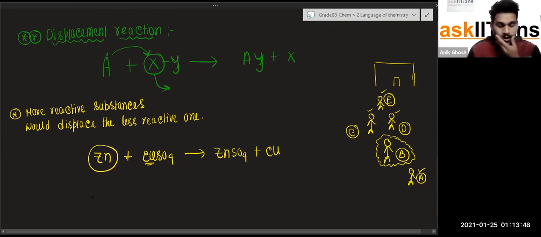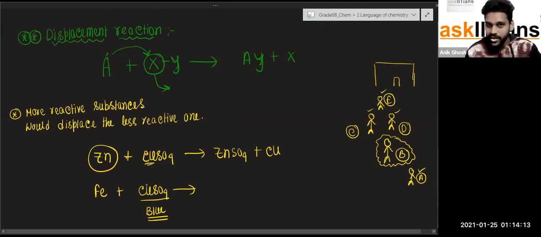Now, if someone asks you, what would happen if I place an iron nail? Look into it, okay? What would happen if I place an iron nail into a copper sulfate solution? So let me tell you, a copper sulfate solution is blue in color. Okay. So what would happen if I just place an iron nail into a copper sulfate solution? What would happen?